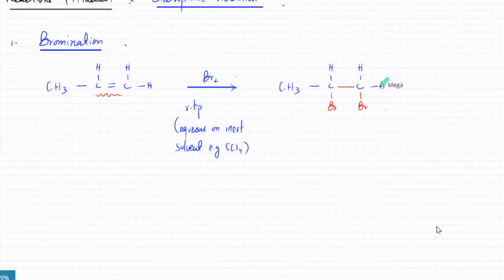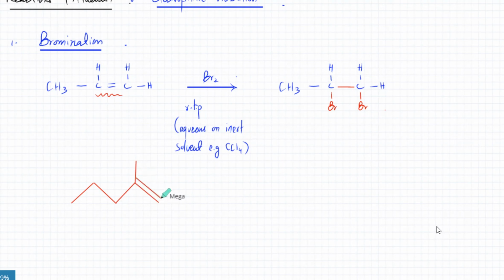So let's do another example. If I have a molecule, and now I'm drawing a skeletal formula of a molecule, and it's got double bonds. There's a double bond here and there's a double bond at this point. So let's say this is my molecule and I'm brominating it.